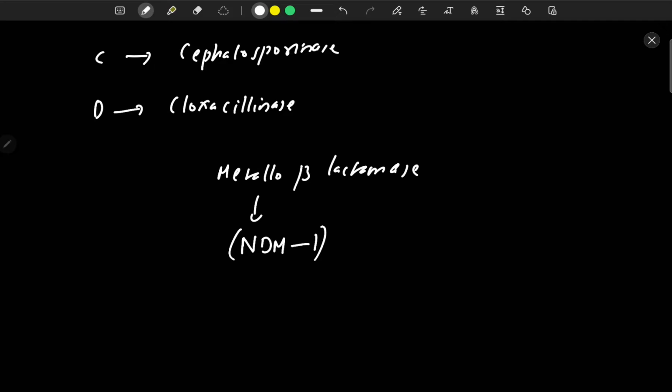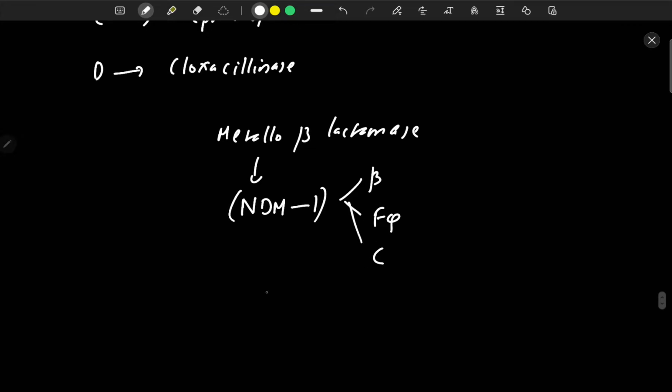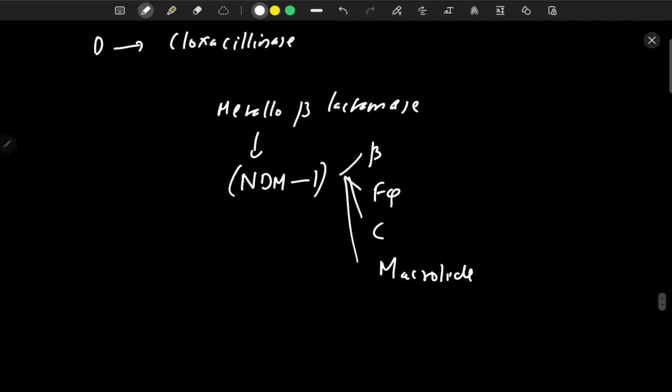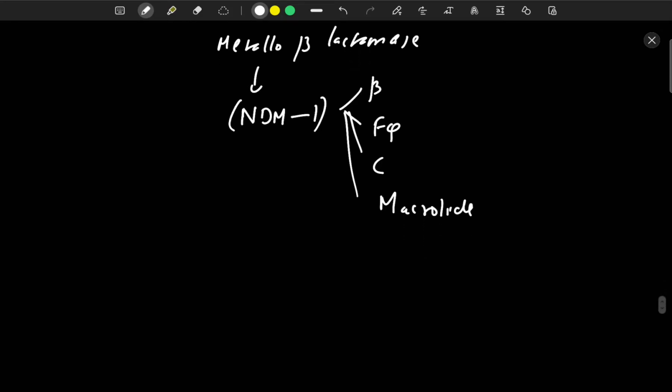This will break all the beta lactams, the fluoroquinolones, the chloramphenicol, the macrolides. These bacteria are also known as superbugs because they have wide resistance. They can be treated with colistin and tigecycline.